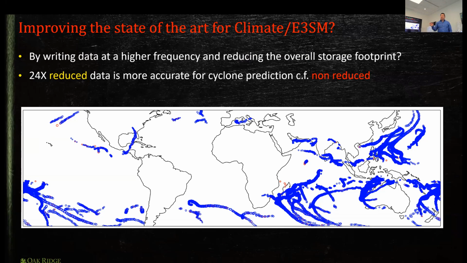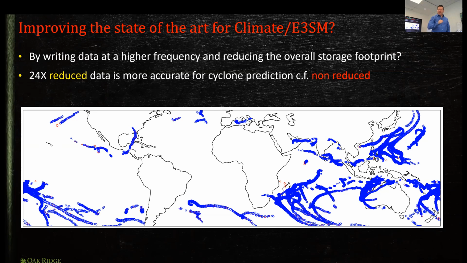The end result is what this graph shows, which we're still trying to convince them of. A lot of the variables, when they output these three-dimensional variables, they output them in 2D, and that's because of storage space. They output them not that often. They do statistical averaging in the code. So the question was, what if we outputted more frequently, with higher degrees of freedom, meaning 3D, not 2D?